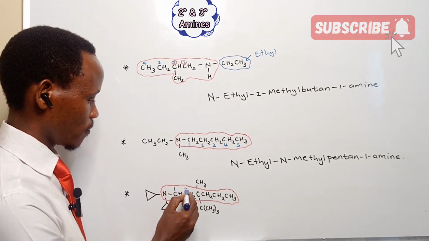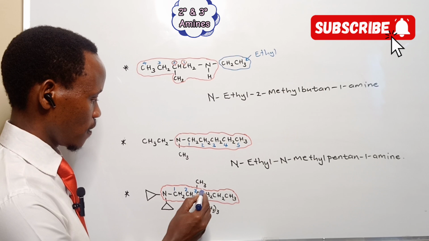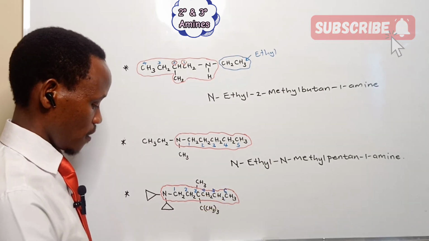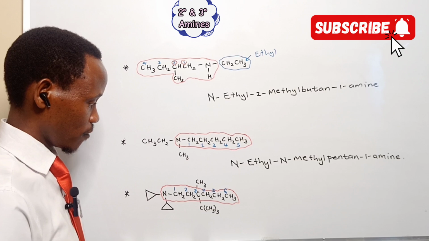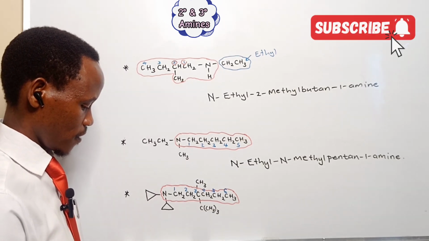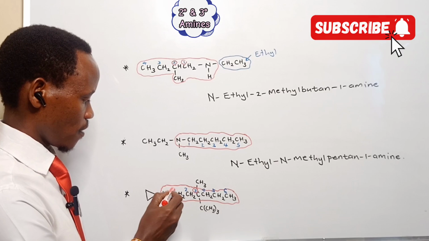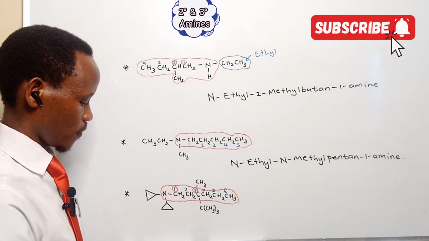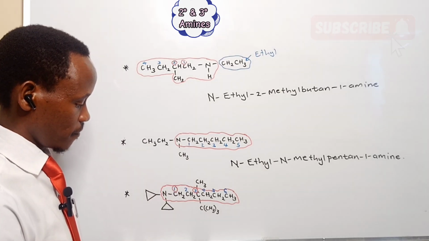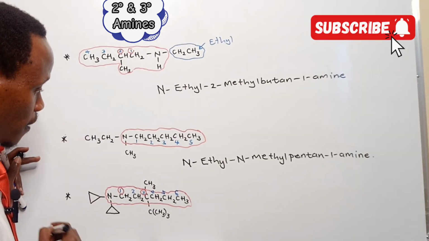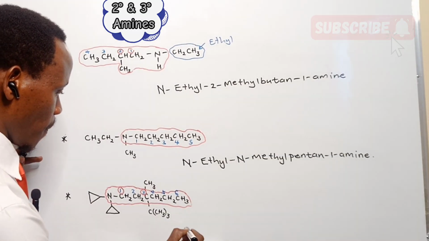This becomes 1, 2, 3, 4, 5, 6. Now specific interest on our parent chain is on position 3 and also position 1. So we write the name. These two are similar. Therefore now we can write our name as follows.